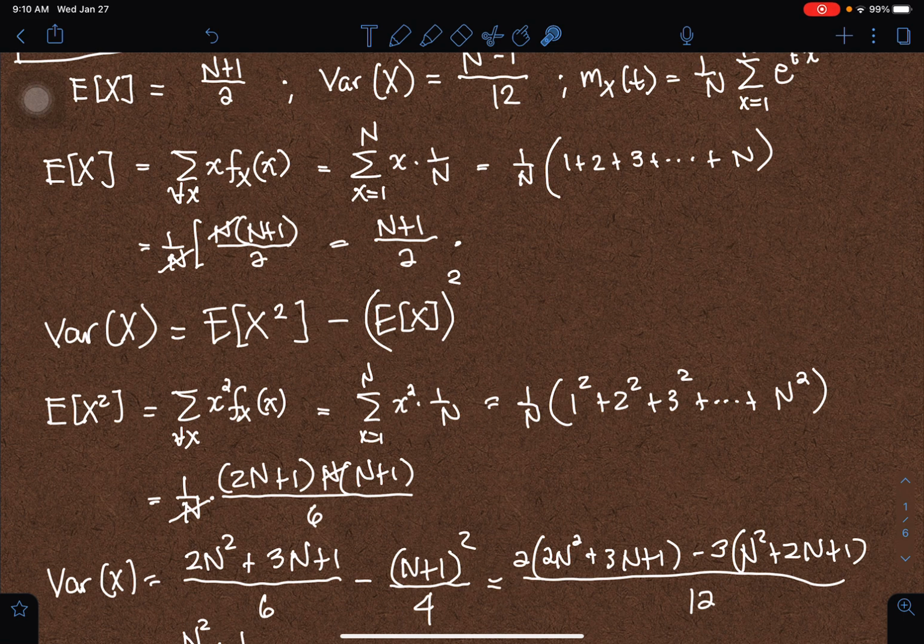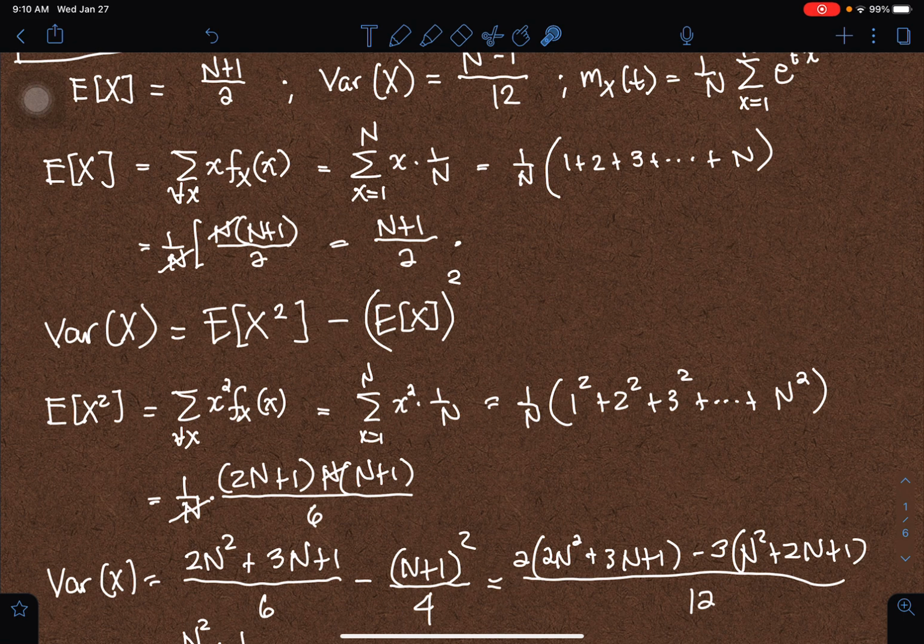We can factor out from the sum 1 over n. Expanding the sum, we have 1 plus 2 plus 3 up to n. That means we just have to sum up the n possible outcomes. In practice, the outcomes might not be consecutive positive integers.